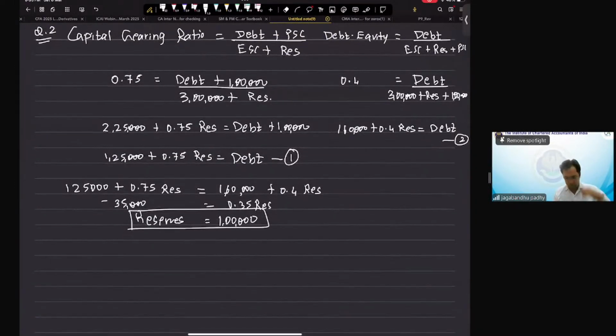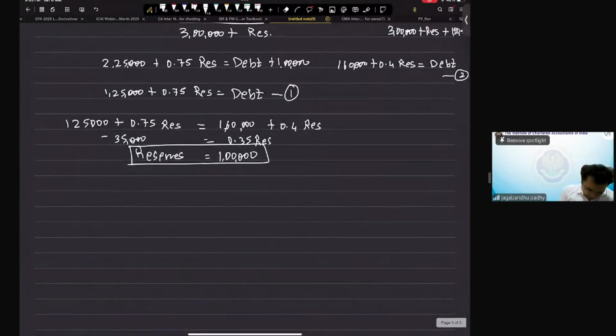Now if the value of reserves is 1 lakh, then we'll substitute in maybe the first equation.